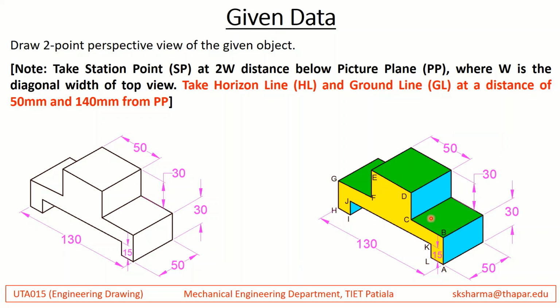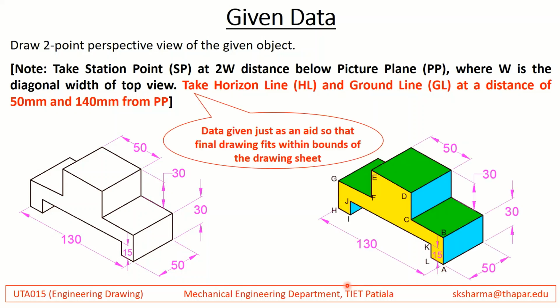Now please take care that in this case, this data about the horizon line and the ground line with respect to the picture plane is only given so that the students can make their drawing in a proper way and it doesn't go outside the bounds of the drawing sheet. Otherwise, this data can be indirectly given as the height of the eye level of the observer.